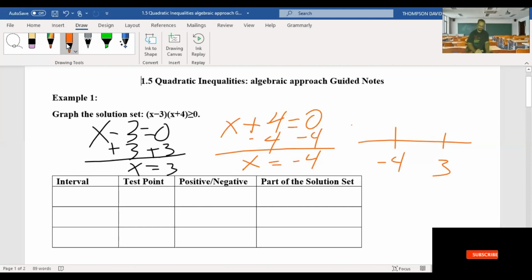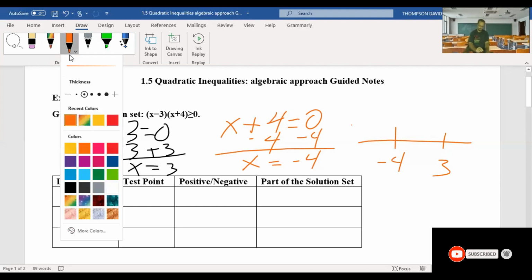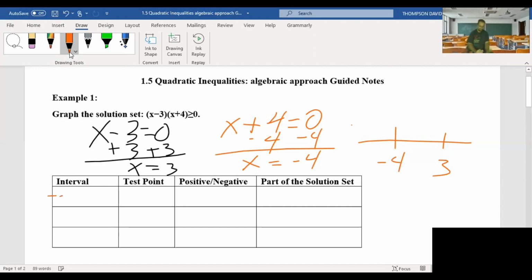So our 3 intervals will be negative infinity to negative 4, negative 4 to 3, and 3 to infinity.